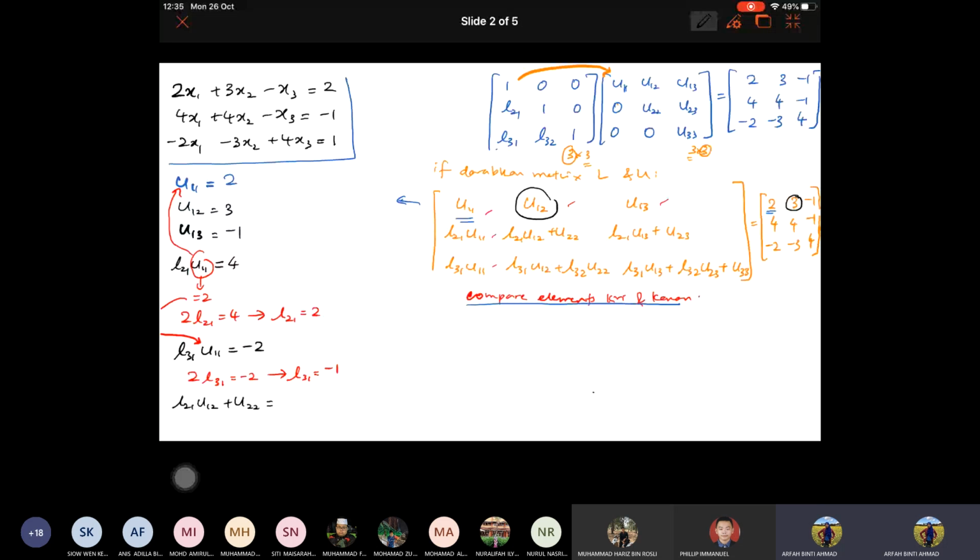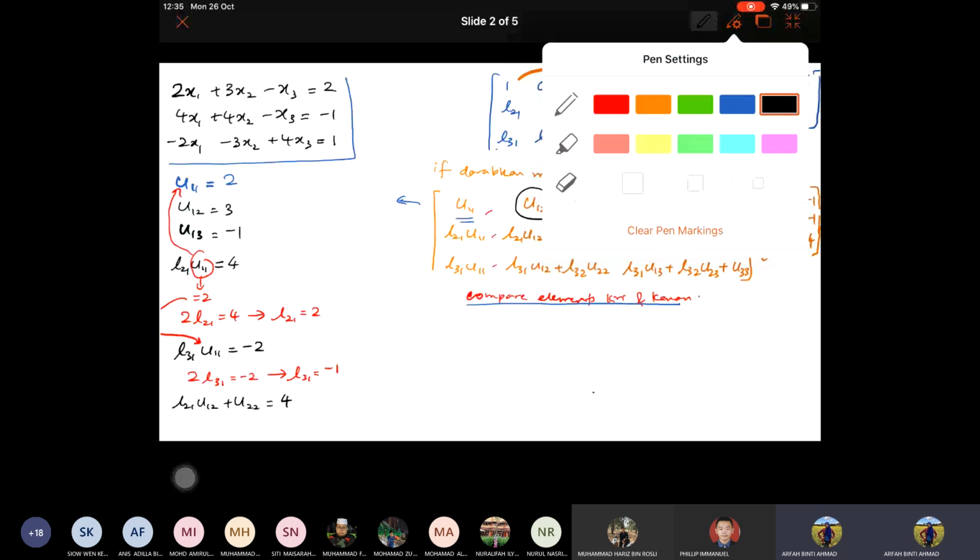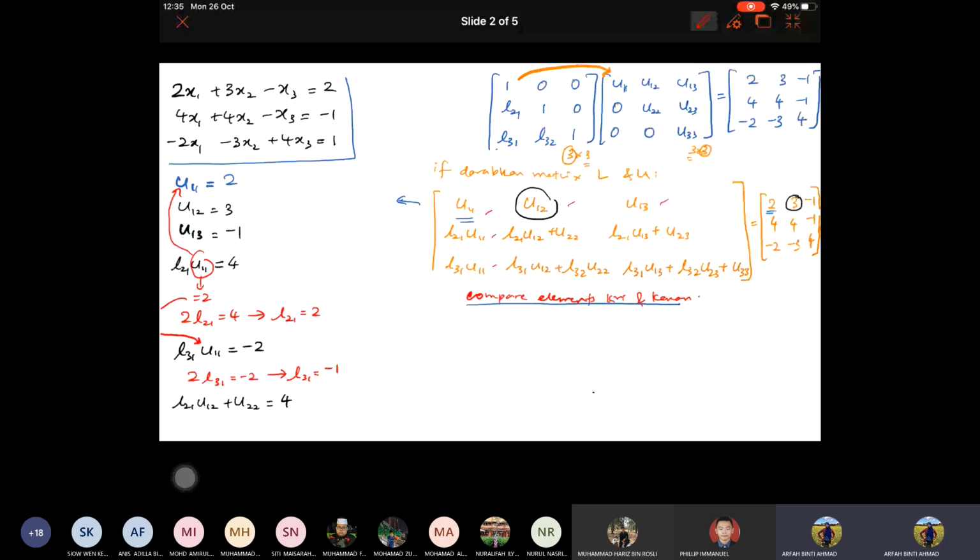Sama dengan 4. Okey, sebab compare dekat belah kanan. So, masukkan nilai U12 kita dah tahu. L21 pun awak dah tahu. 2 darab dengan U12 is 3. Tambah dengan U22 sama dengan 4. So dapat U22 akan sama dengan 4 tolak 6 is negatif 2. Okay. So settle untuk the second, dekat second row, second column.